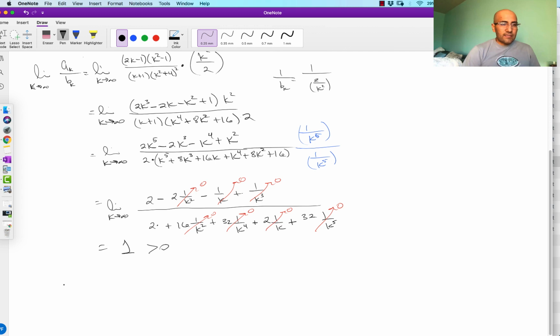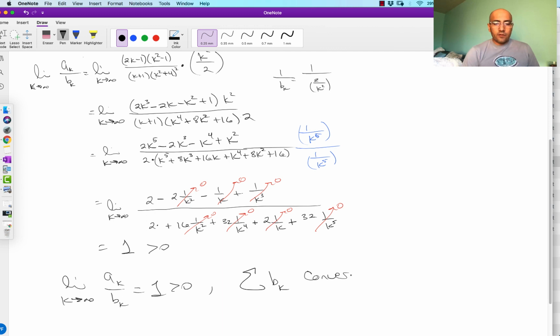Okay, so just to sum it up, the limit as k goes to infinity of a sub k divided by b sub k equals 1, which is a constant greater than 0. Also, we know that the sum of the b sub k's converges, and that was by the p series.